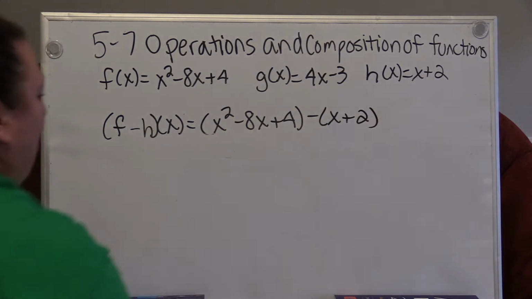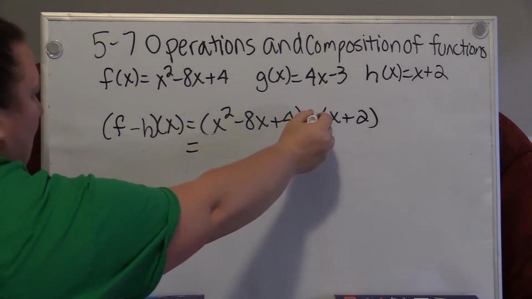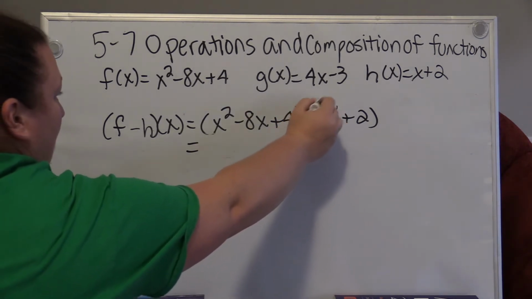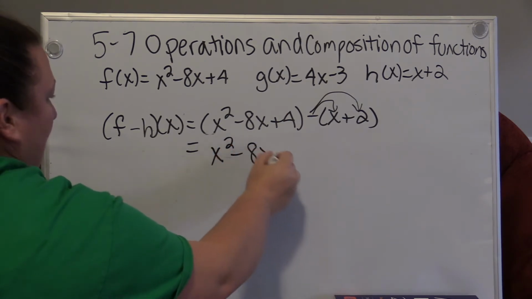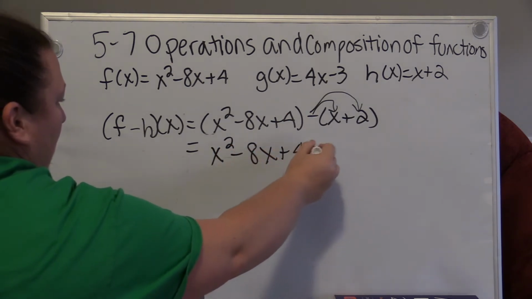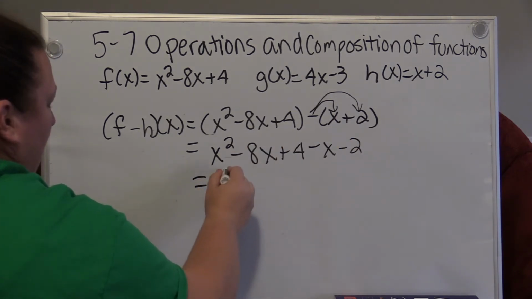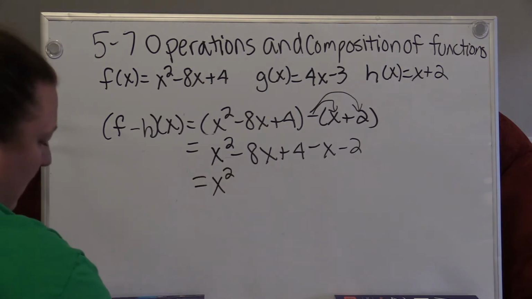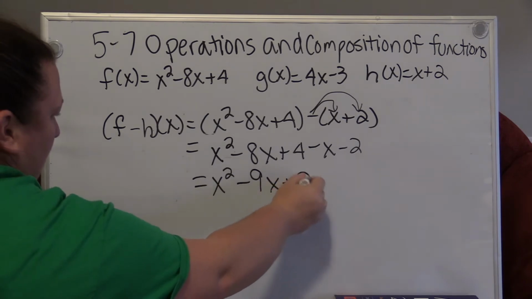The easiest way to handle subtraction is to change the sign or distribute the negative sign. So I get x squared minus 8x plus 4 minus x minus 2. So I get x squared minus 9x plus 2.